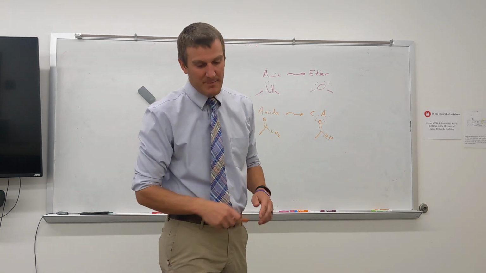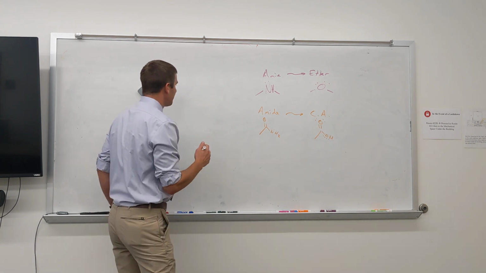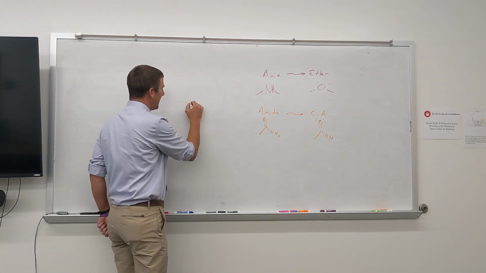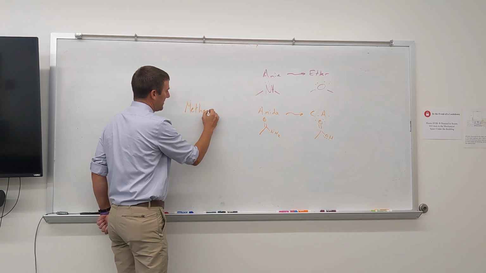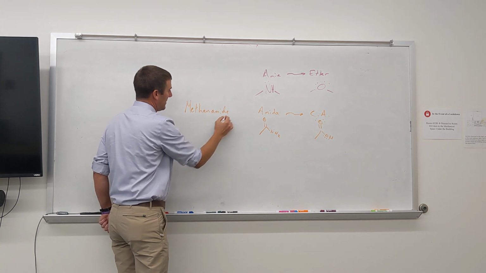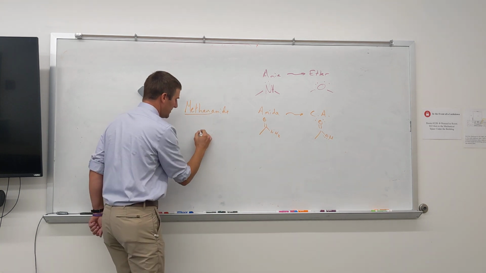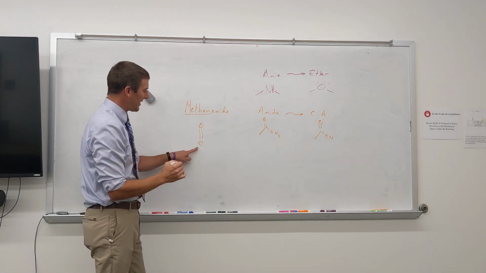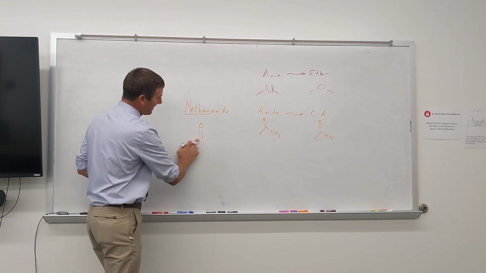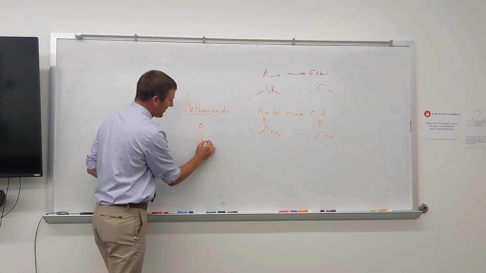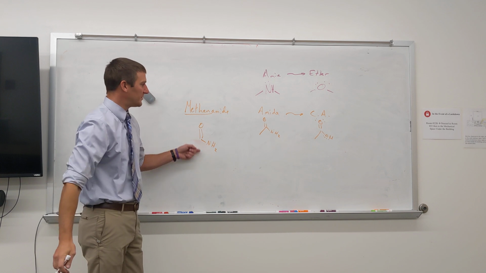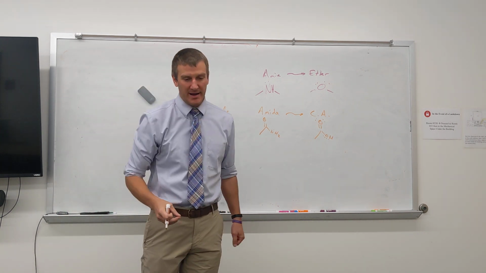So if you look in 31, the first word I've got for you to try to draw is methanamide. Methane, 1 carbon. Well, there's my carbon right there at the bottom of that double bond. And amide, meaning I better have an NH2 group. So that is methanamide.